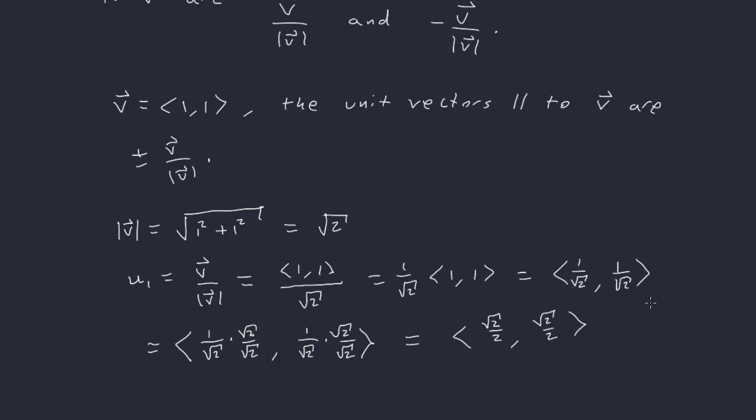Now, hopefully, this looks familiar. This should remind us of sine and cosine of 45 degrees, or pi over 4. All right, this is cosine of pi over 4. This is sine of pi over 4.